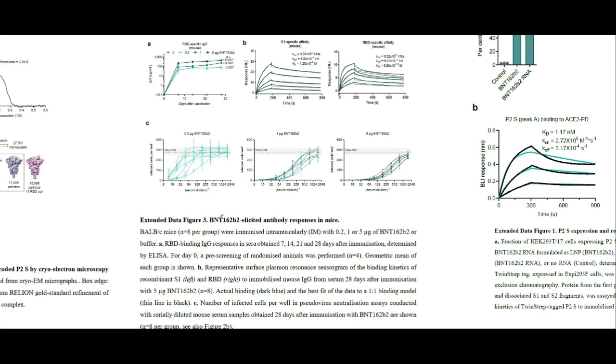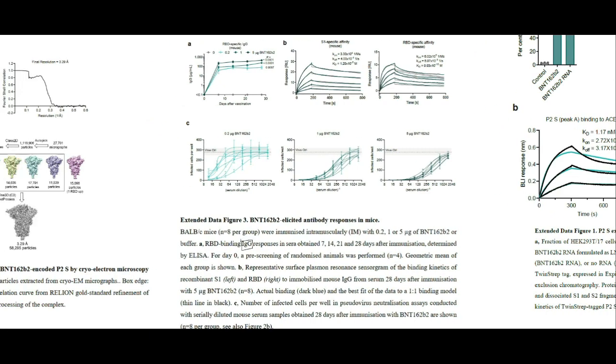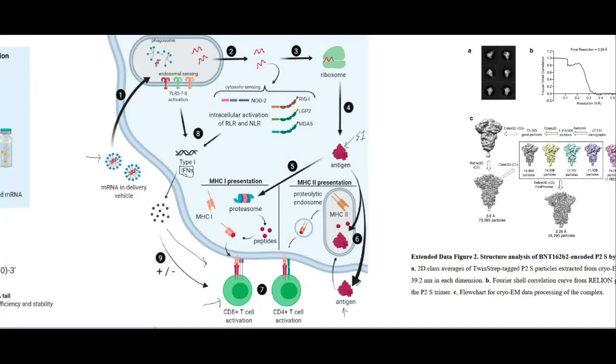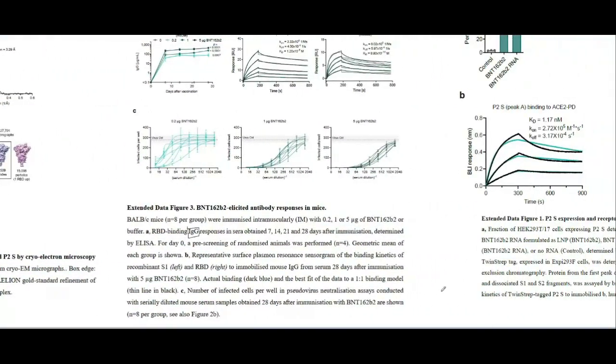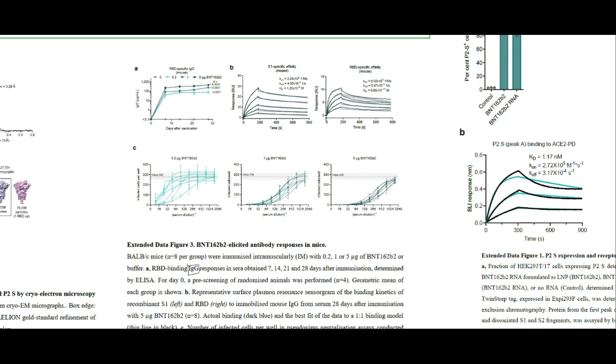The IgG is actually what they are trying to get the cells to produce. This is the antibody that they want the cell to produce. And so by presenting this antigen here, that will tell other cells, like these T cells, to actually produce that IgG antibody. And so they want to look at the IgG that can actually bind the RBD, the receptor binding domain of the S1 protein.